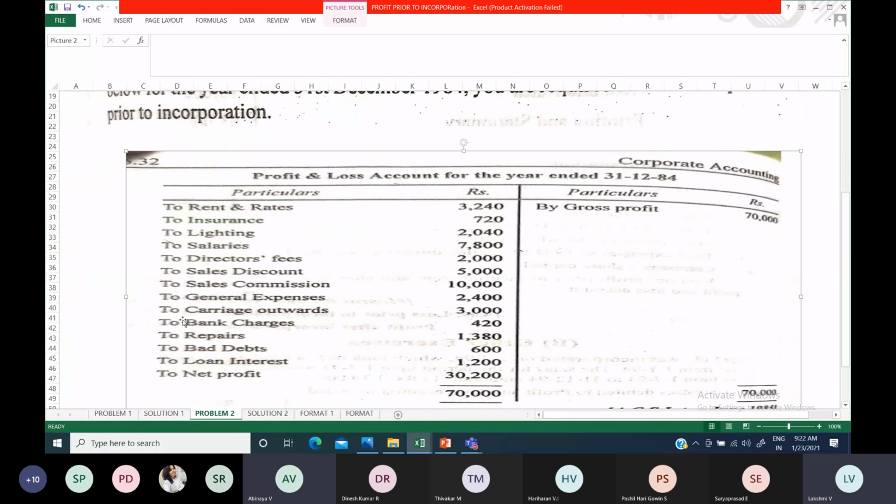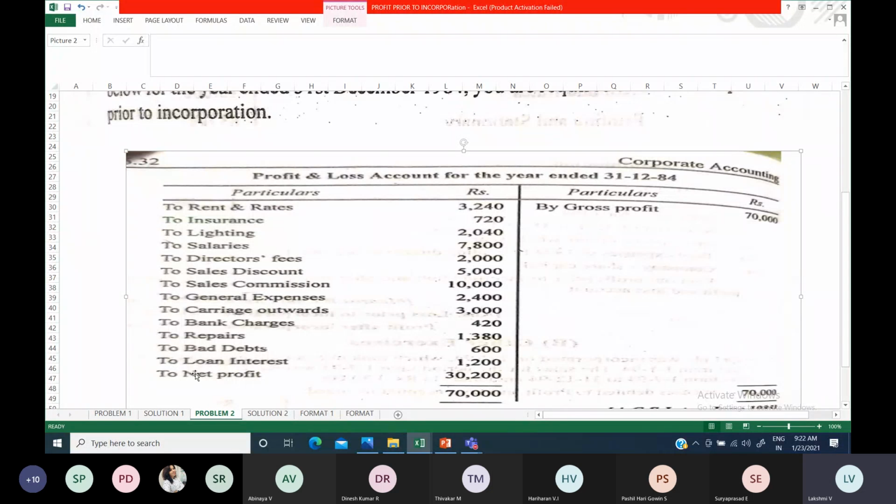So like this, other items, carriage outwards. Carriage outwards will be done based upon sales ratio, because carriage is a transportation expense from your place going to the distribution center to the customer end. So carriage outwards is going out of your factory or some place to the distribution point. So it will be done based upon sales ratio only.